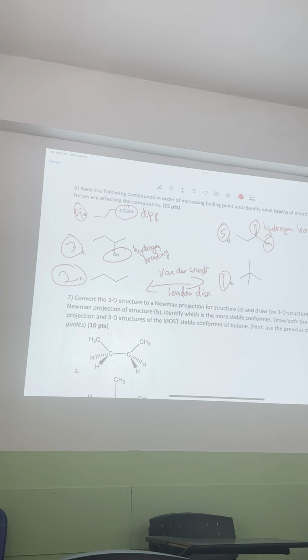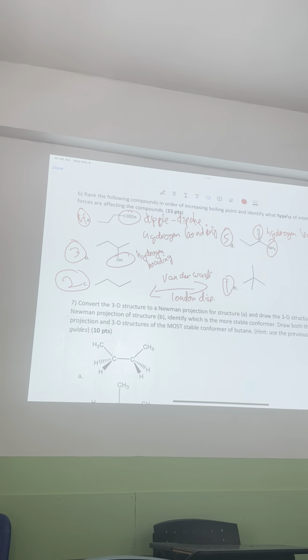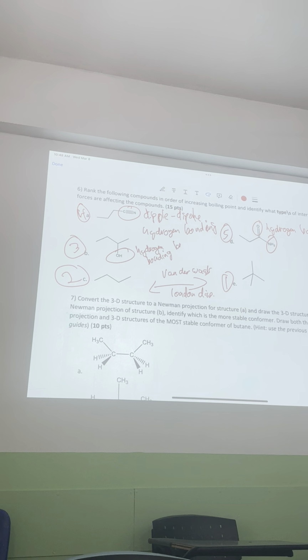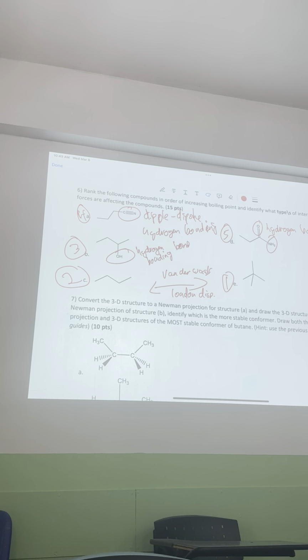But the reason it was worth 15 points was because all of them had more than one. These 2 were just London dispersion, but this was hydrogen bonding and London dispersion. When you see so many points, just put as much as you can. Remember I put types.